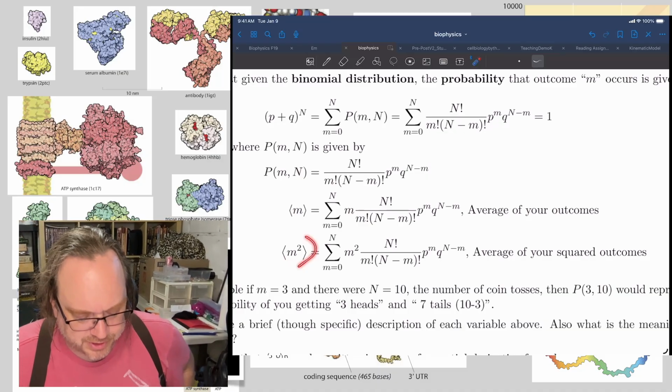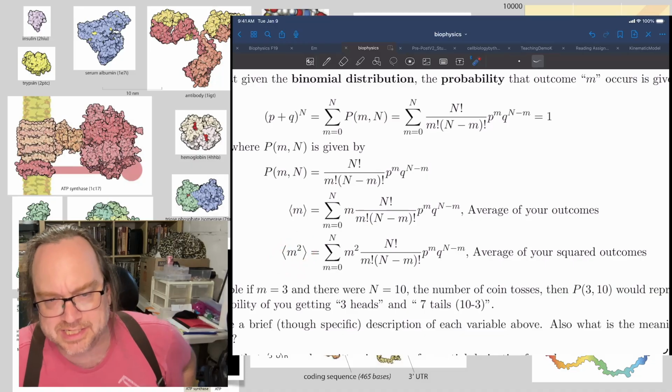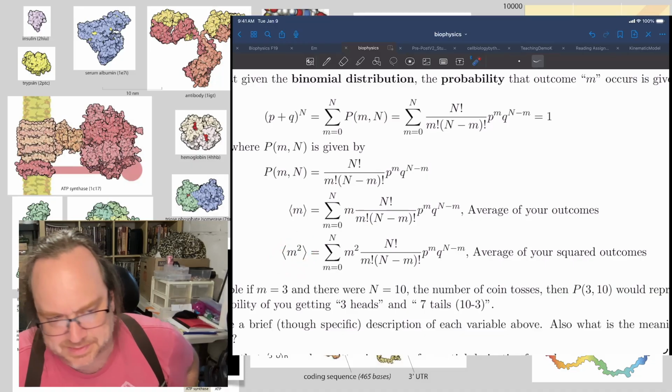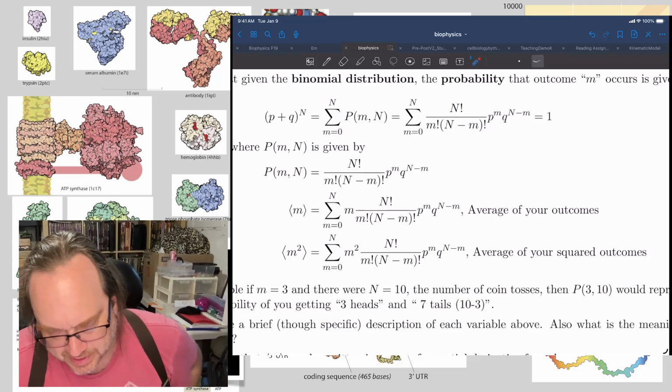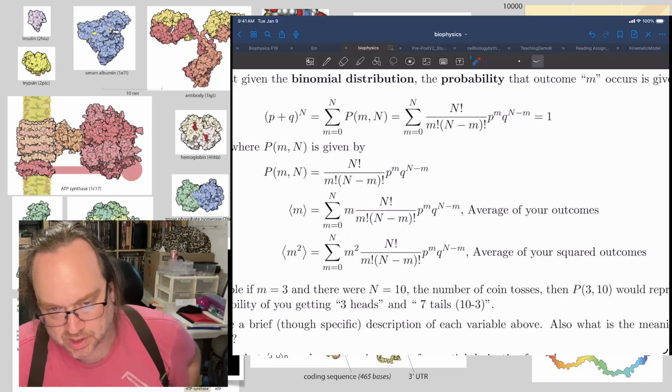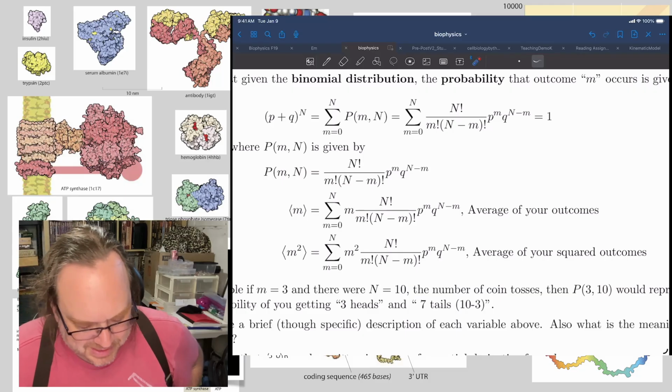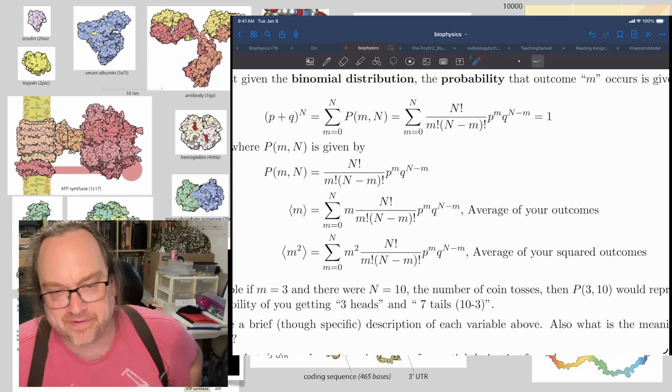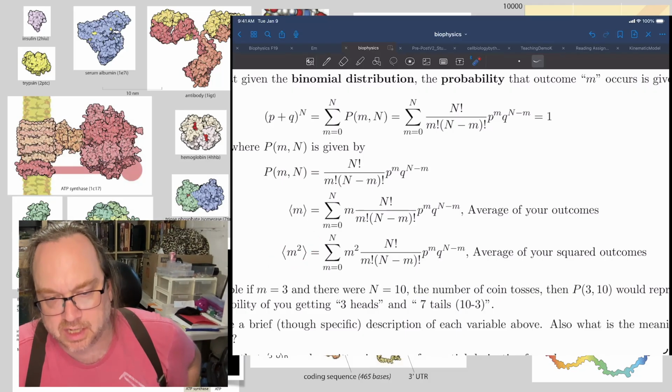This is most notably different if you have positives and negatives in your potential outcomes. So let's say you made heads +1 and tails -1 or something. This m squared is not going to care about that. It's going to square everything and add them up. This is actually going to give you an idea of how far spread out your results are. Think about it.